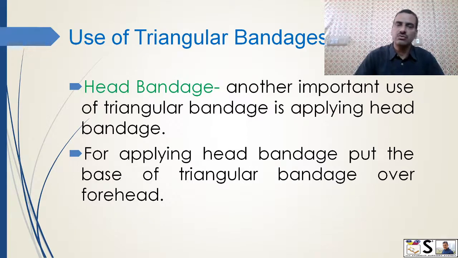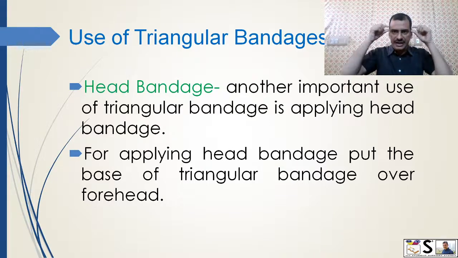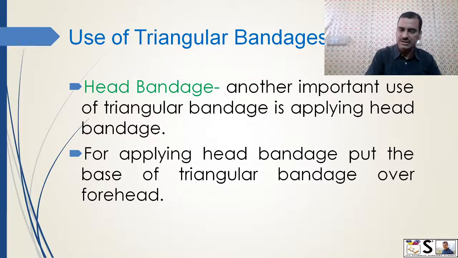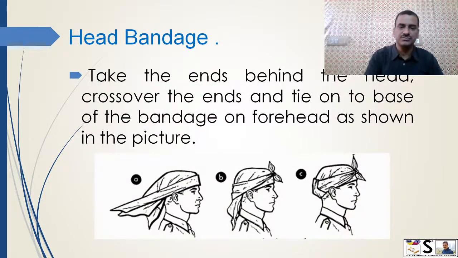Now the next use of triangular bandage is head bandage. For applying head bandage, we put the base of the triangular bandage over the forehead. Start from here and the ends go back like this.